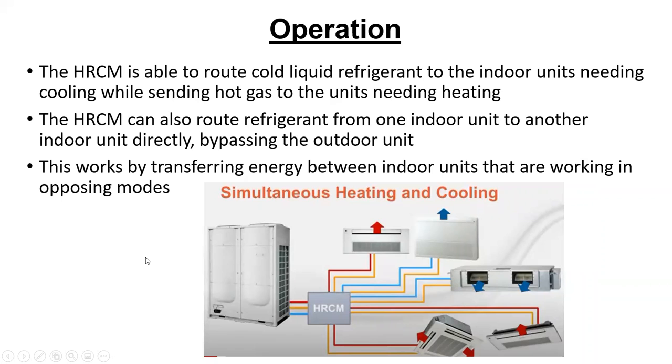So if you've got 2 zones that are sitting there about the same capacities, one is requiring cooling and the other is requiring heating, you can pass refrigerant directly between those zones and avoid going back to the outdoor unit and having it compressed again. So that's pretty slick. So that's where additional efficiency enhancements come into play with this.